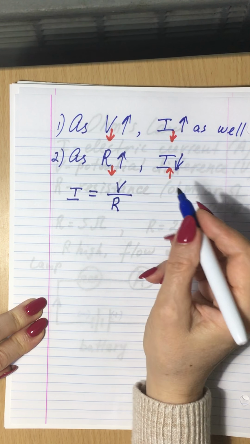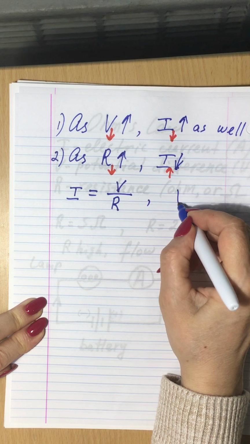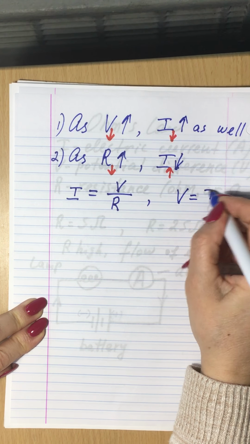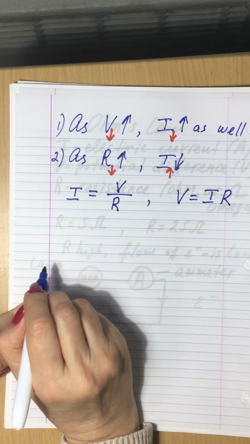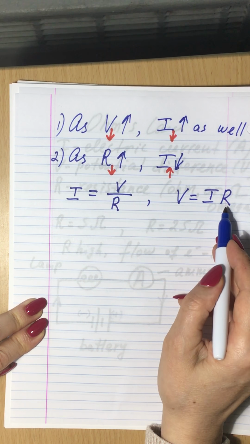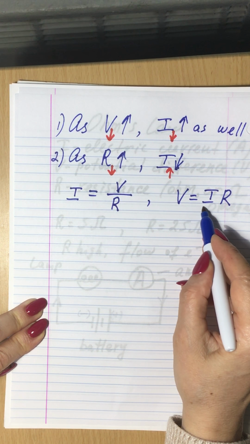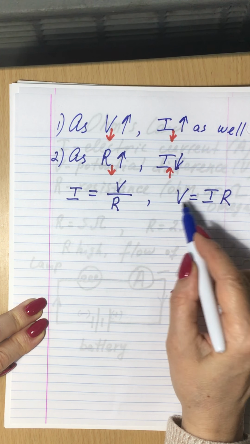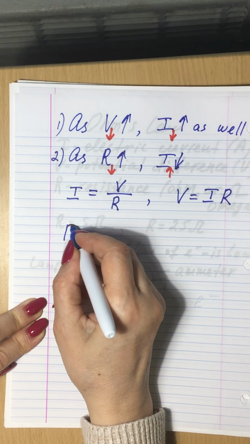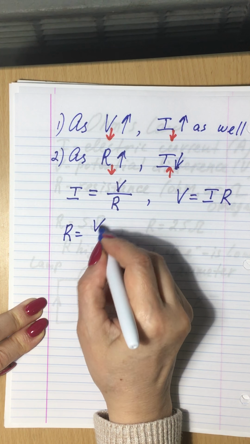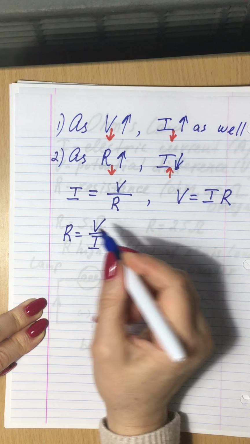Okay, I can solve that equation for V, and V will be equal to IR, right? Or I can solve that equation for the third quantity, for R, by dividing both sides by I. And resistance will be equal to V over I.